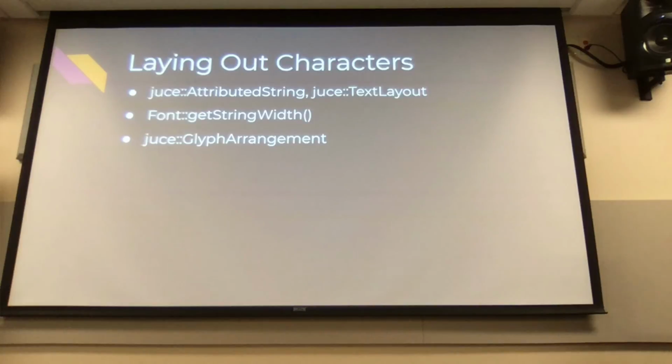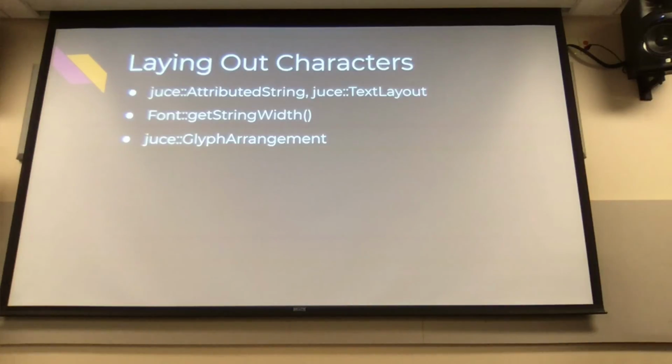Laying out your own characters is possible. If you need to know how long your string is going to be, you can use getStringWidth. So if you need to find out the area you're working with after you already have your text and your size, instead of the other way around, you can use getStringWidth and say, when I'm drawing the text, I'm going to draw it with this width that definitely will encompass that.